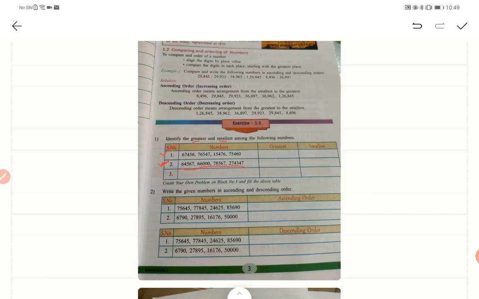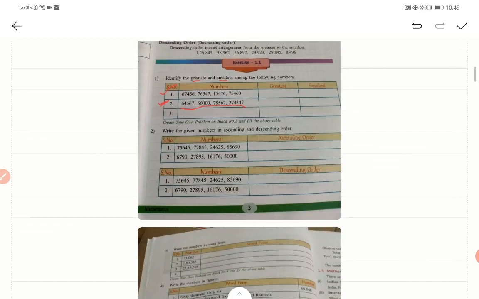The same procedure that I just explained to you. In this we did this one and this one. Try to do this second one on your own for ascending and descending order, by yourselves.